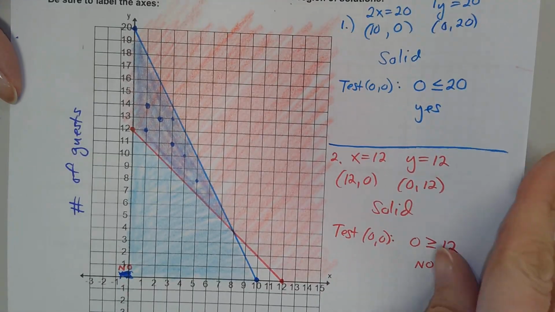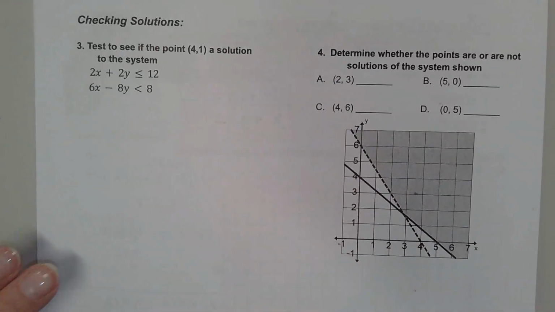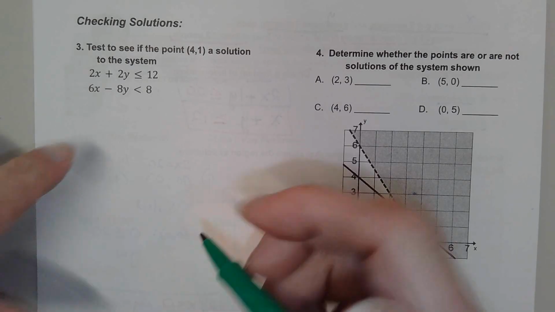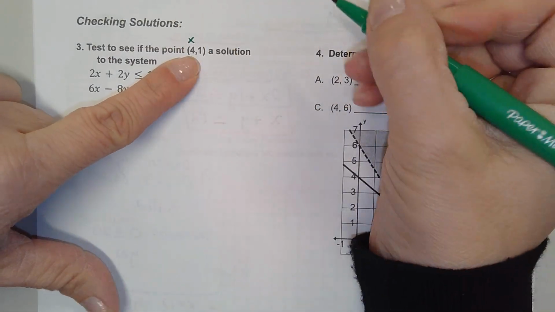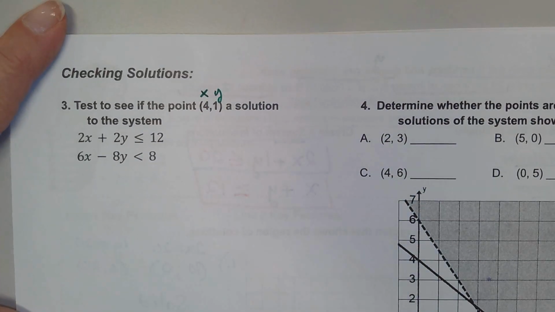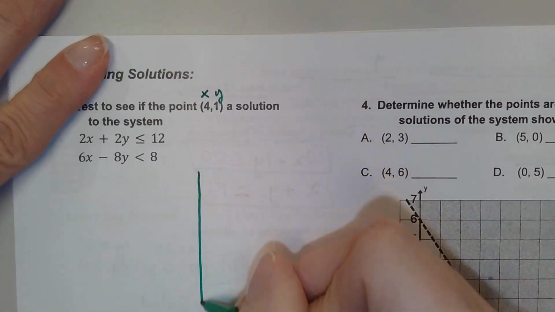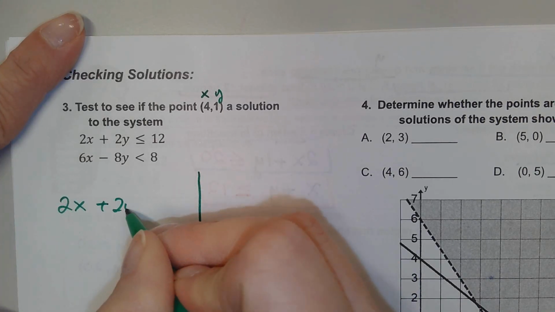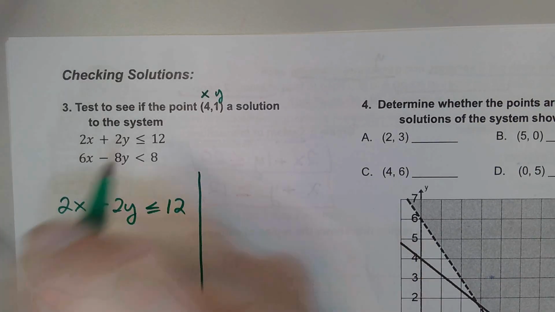Okay, the last thing we're going to do is practice testing. Let's test this point to see if it is a solution. 4 is x and y is 1. I'm going to split my paper in half, and put each inequality on one side.